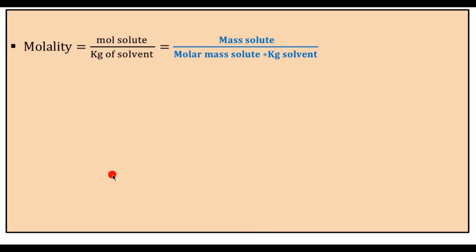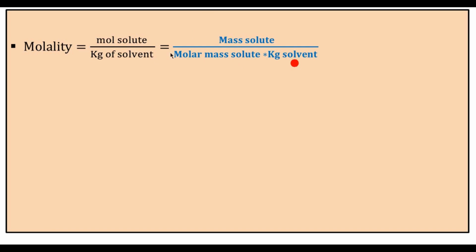Let's see what is the molarity that they are asking. Remember, the molarity is equal to moles of solid divided by kilogram of the solvent. If we change this mole, what is this mole? This is the mass over the molar mass. Then we multiply by the kilogram of the solvent, or the mass of the solvent in kilogram. That is another formula to calculate the molarity.